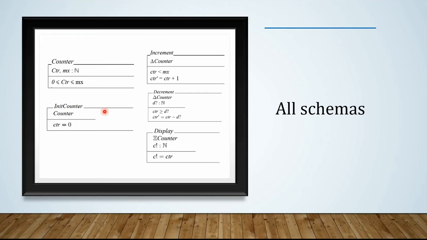Then we go to the initial state to reset the variables. The third thing is the operations. Here we write three operations: increment, decrement, and display. As you see, this is a very simple example.